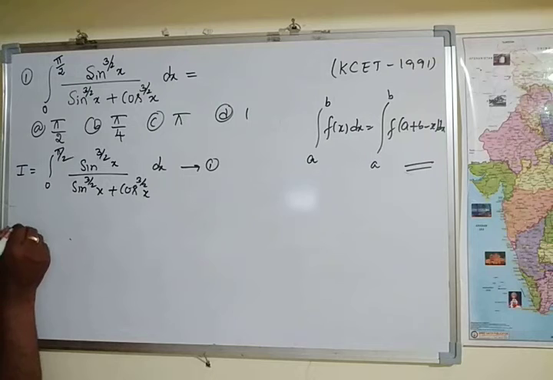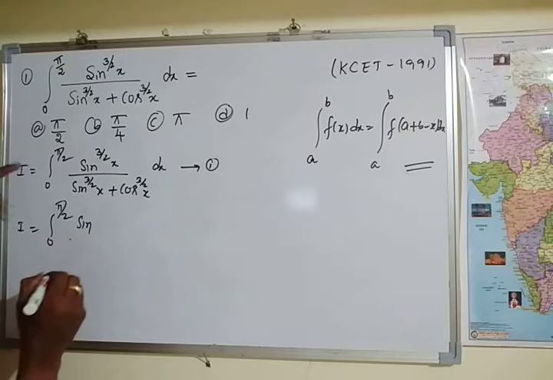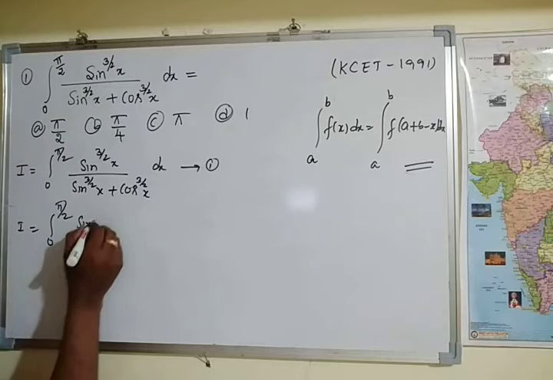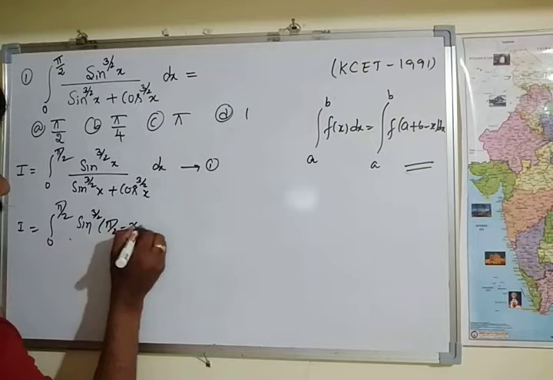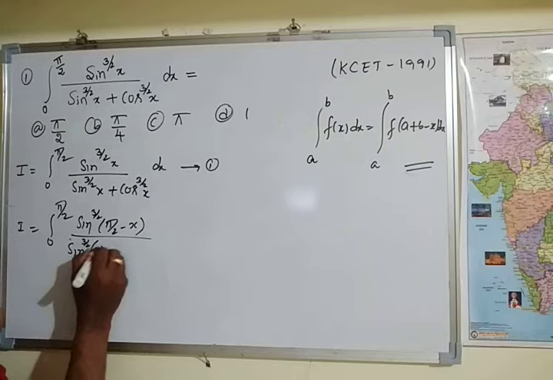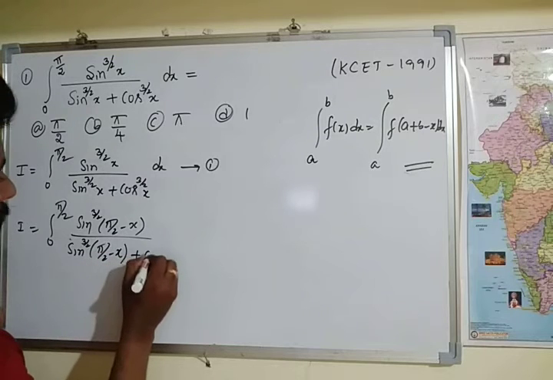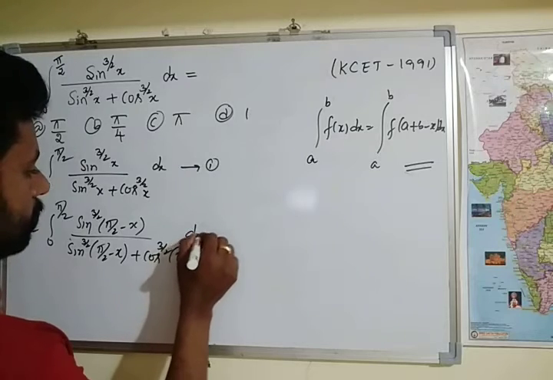This result becomes I is equal to integral of 0 to pi by 2 of sine to the power 3 by 2 of (0 plus pi by 2 minus x) divided by sine to the power 3 by 2 of (pi by 2 minus x) plus cos to the power 3 by 2 of (pi by 2 minus x), dx.